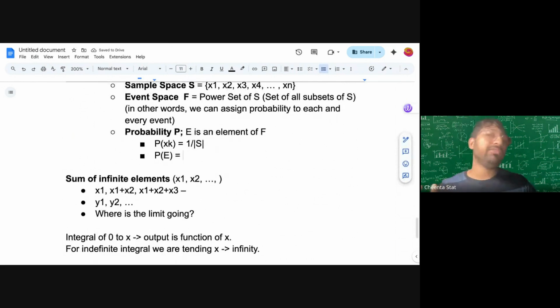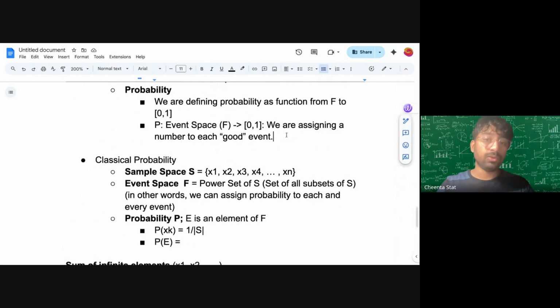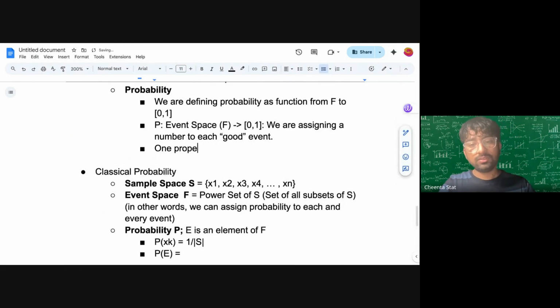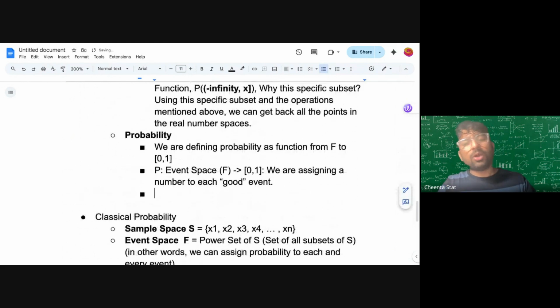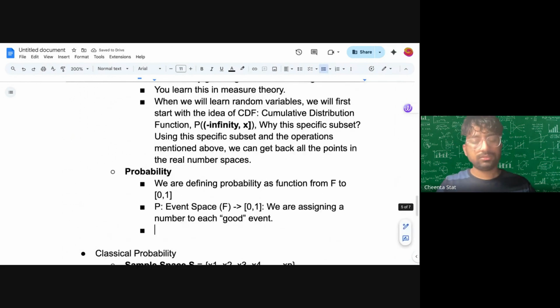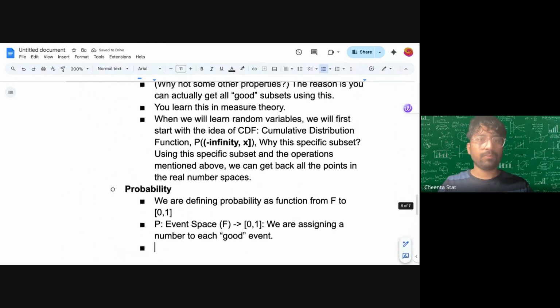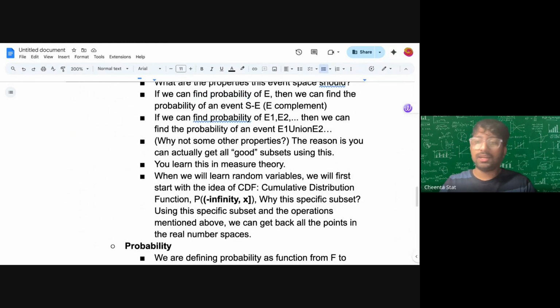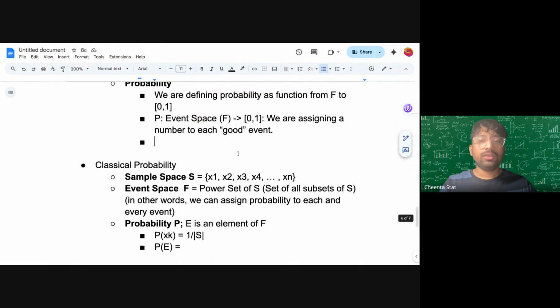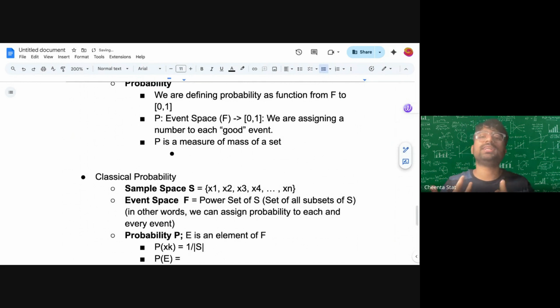So the probability of any event E will be nothing but, okay, one property we forgot, or a few properties. You can think of probability like a mass. It's similar to counting. Probability is a measure, or mass, of a set. So what properties does mass have?